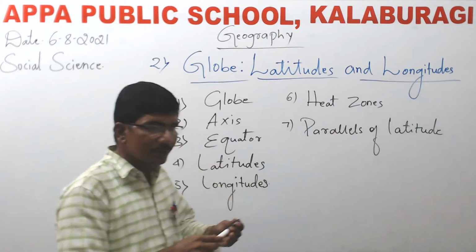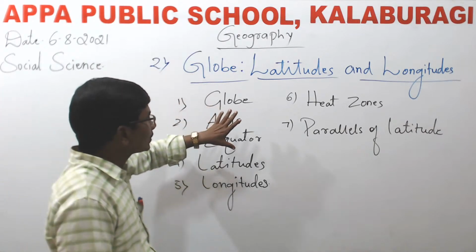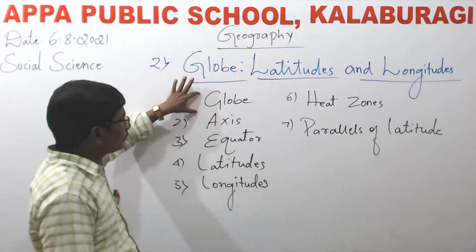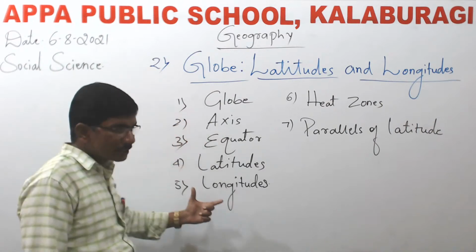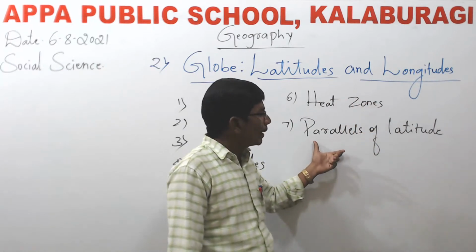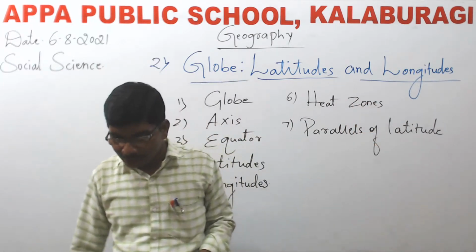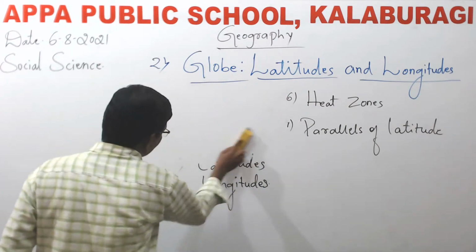Globe, axis, equator, latitudes, longitudes, 3 heat zones, parallels of latitude. So let us start our explanation.